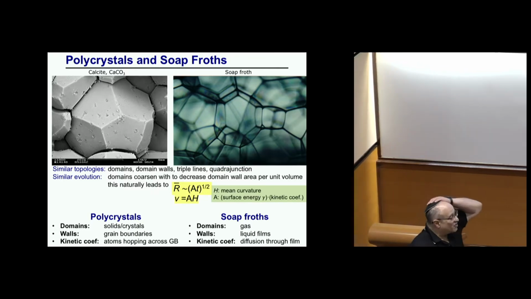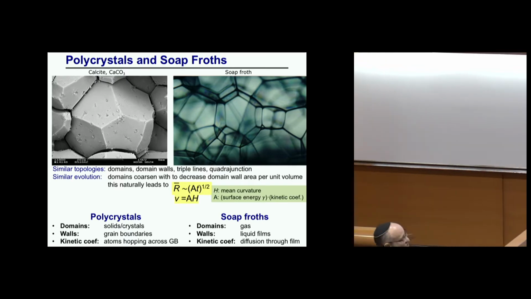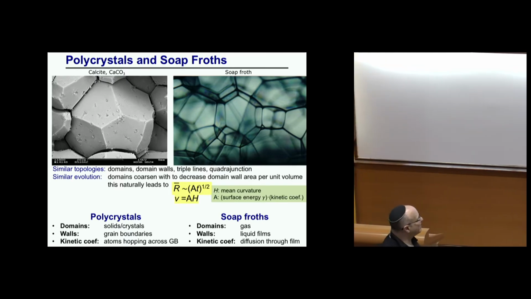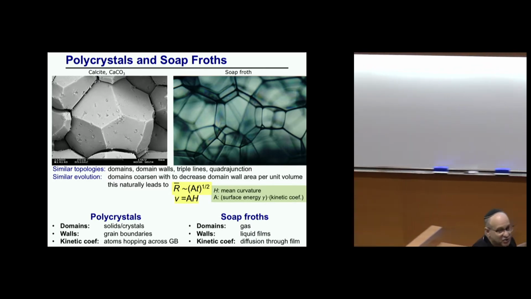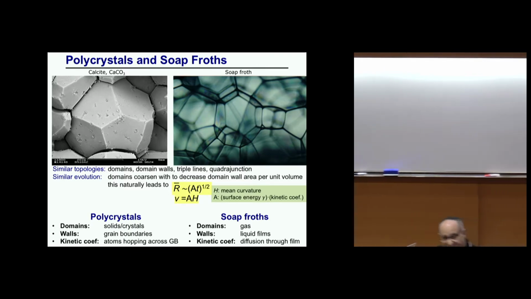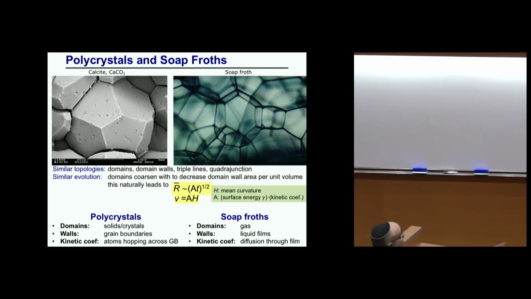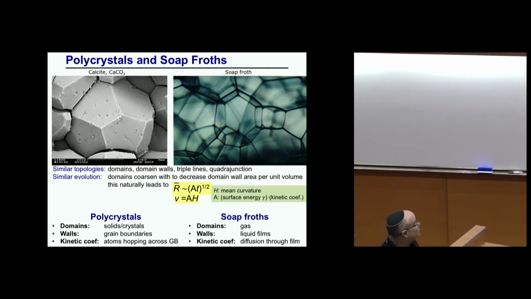It's very similar, but in fact they're actually quite different, and I'll tell you about the differences in a minute. But in most cases, the way people talk about the evolution of these structures is by saying that the velocity of a domain wall, in both cases, is proportional to the mean curvature, with some constant which depends on details.